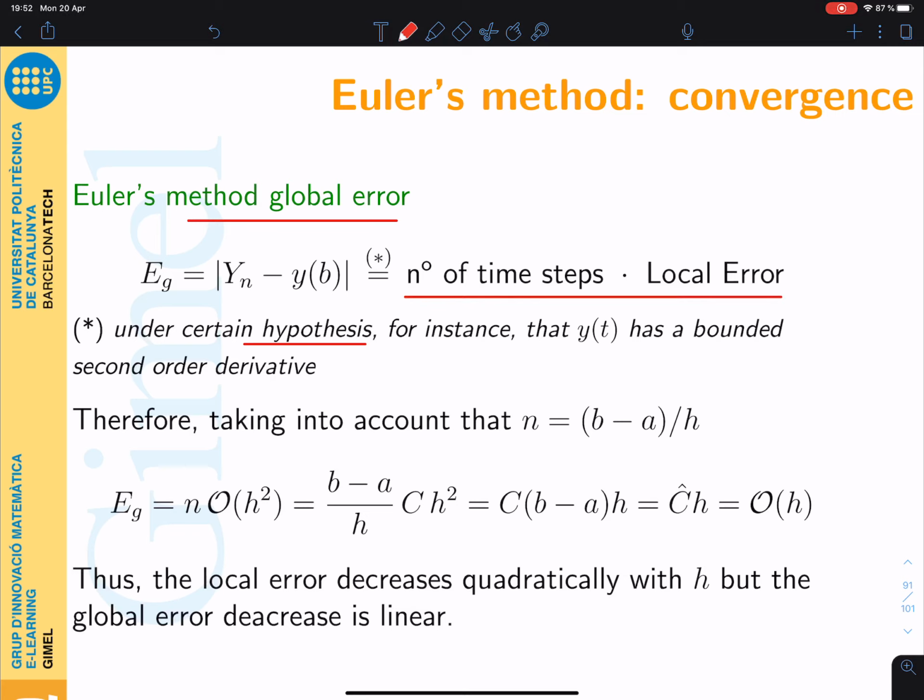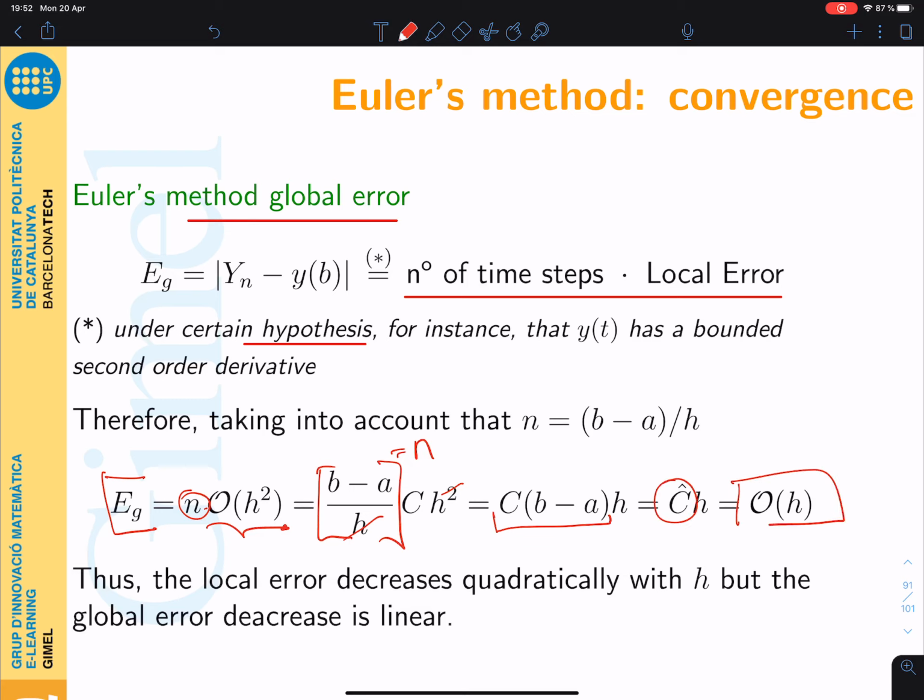So I compute the global error as n times the local error, which is of order h squared. And n is just b minus a divided by h. So, of course, this h will simplify, and the remaining factor is a constant that does not depend on h.